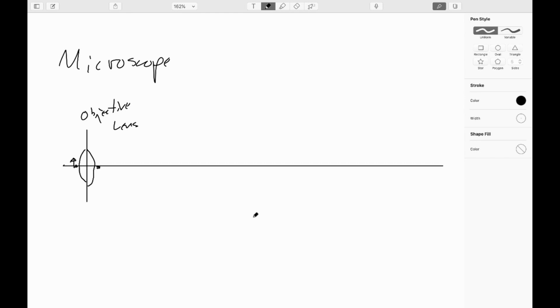So the idea is that this is going to form a real image, basically just inside a simple magnifier that we call the eyepiece.